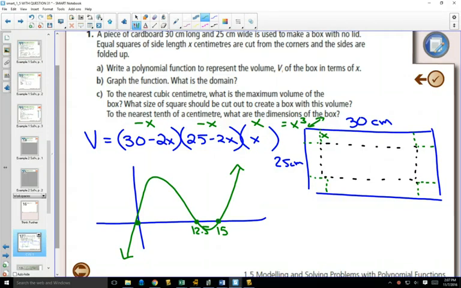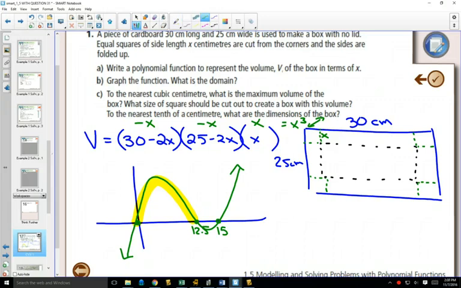Now, if this was what we were graphing without a situation, our domain would be everything. But because we've got a real life situation that we're dealing with, our domain here goes from 0 to 12.5.